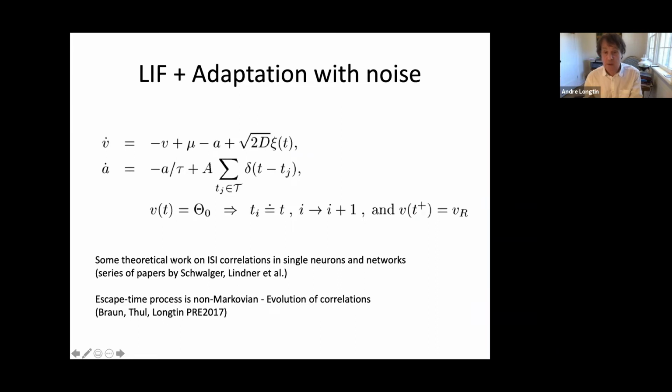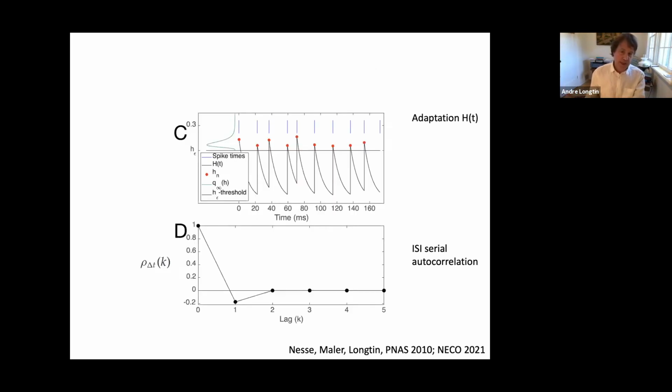There's been some theoretical work on ISI correlations in single neurons and networks, especially by these 2 guys, Thilo and Benji. Also looking at, these are escape time processes in 2 dimensions, they're non-Markovian, and they have interesting evolution of correlations in them. But we're going to put that aside, we're just going to think about the problem of what's going on here.